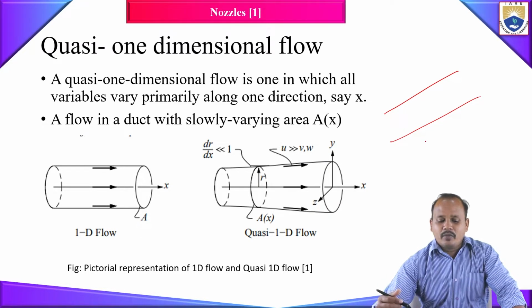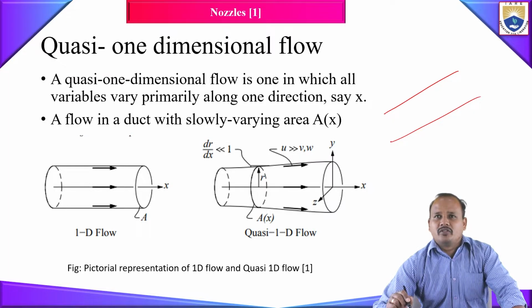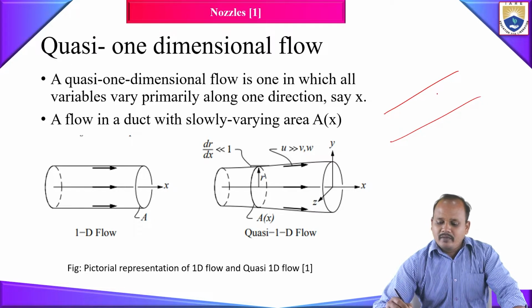Now let's take quasi one-dimensional flow. Here also the flow property variation happens in only one direction, but the area will increase or decrease slightly. There is going to be a change in area. The consequence of the change in area is that you will have v and w, that is, the formation of three-dimensional flow, but the flow still has only one major component.